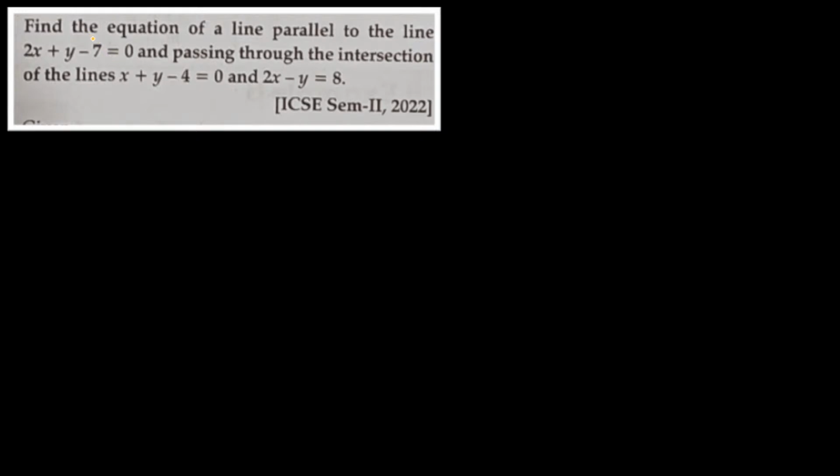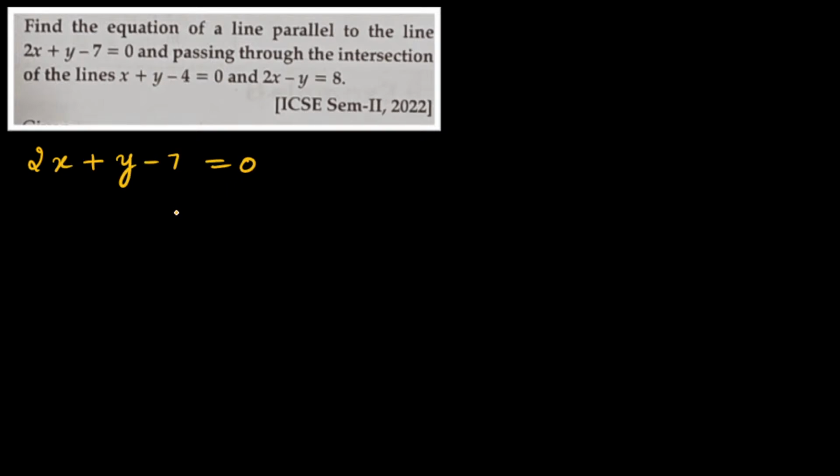It's given to us, find the equation of a line parallel to the line and passing through the intersection of the lines. So we have to find the equation of a line which is parallel to this line, 2x plus y minus 7 is equals to 0.